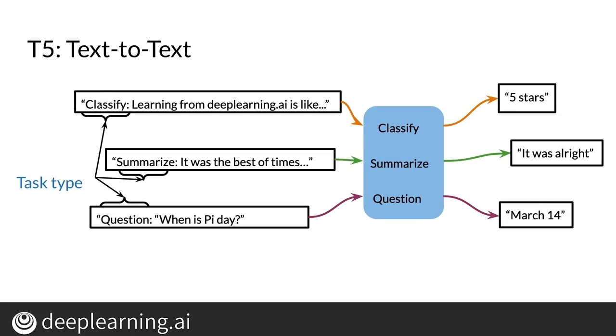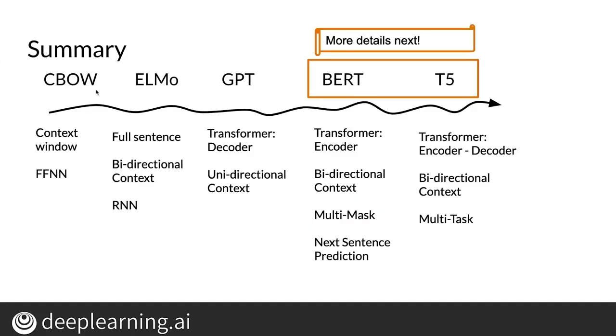sense of the idea. So in summary, you've seen the continuous bag of words model, which makes use of a fixed context window. You've seen ELMo, which makes use of a bidirectional LSTM. You've seen GPT, which is just a decoder stack, and is unidirectional in context.